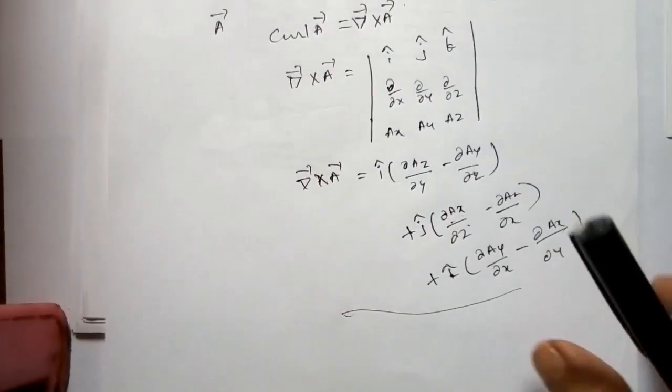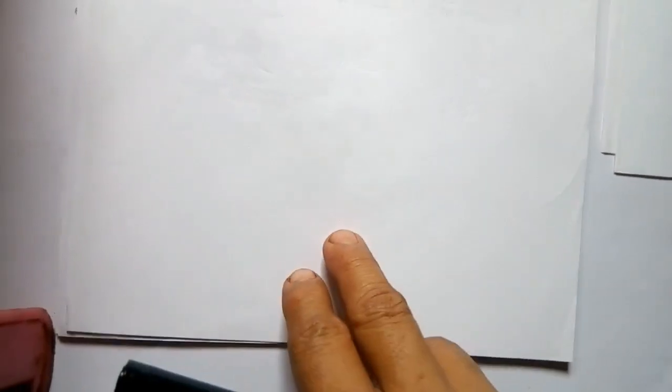Then I explained the physical significance of this, considering water flowing in a stream with velocity v. The velocity of water is independent of height but increases uniformly from 0 at the bank to a maximum at the center.